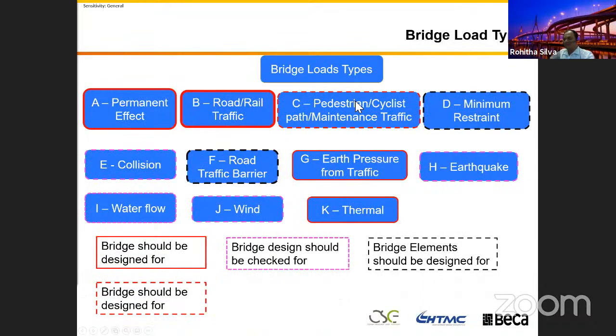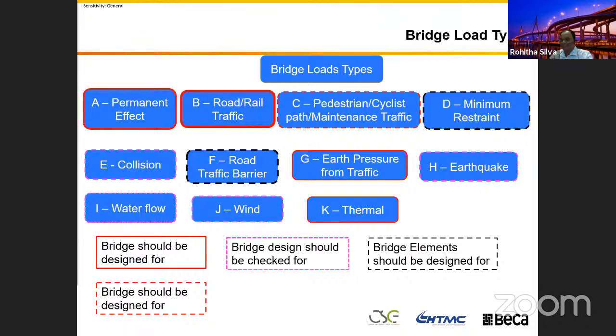So then I will jump into bridge load types. I think I put this slide last week as well, but I modified it a bit. For the bridges, we saw the permanent effect, all the dead load and superimposed dead load on the bridge. And then the traffic load, because we design the bridges for traffic.